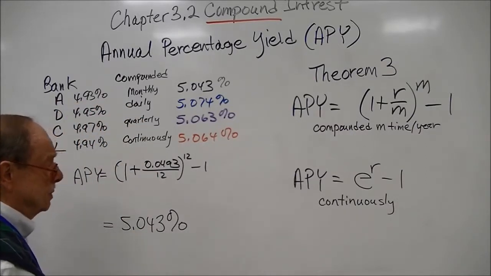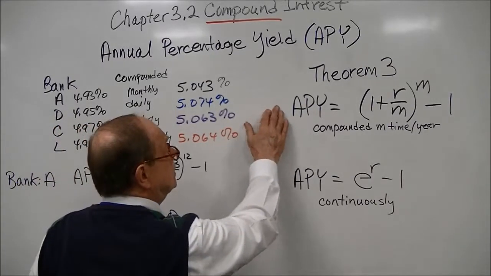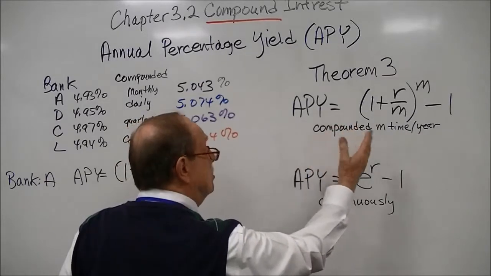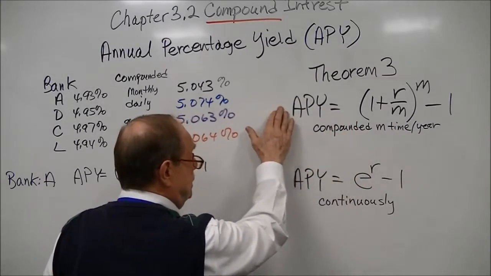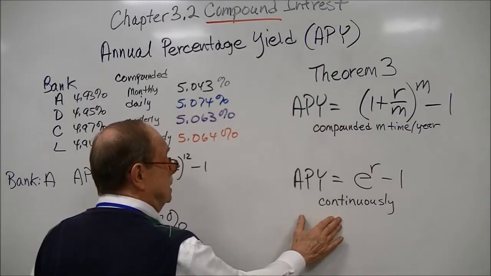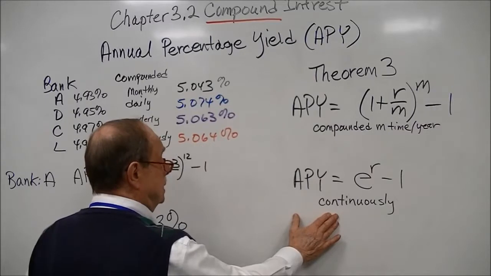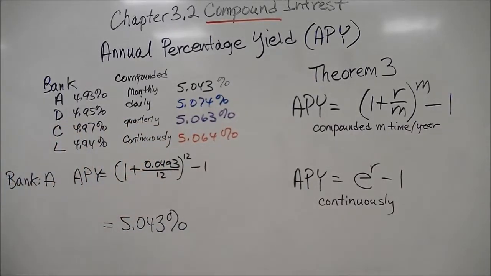Now, there is a formula for this. If it's compounded quarterly or monthly or whatever, this is the formula we use. If it's compounded continuously, this is the formula you use. But in our textbook, they're giving us 4 banks, and they all have names.